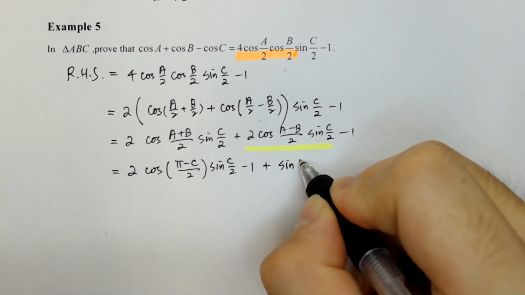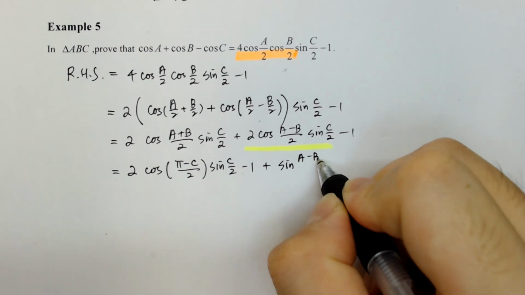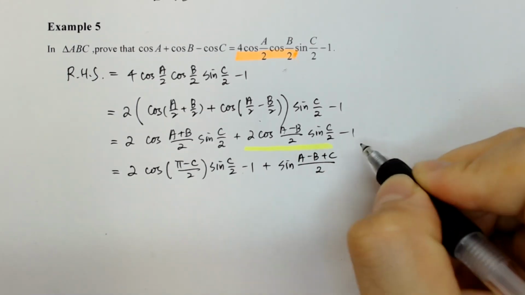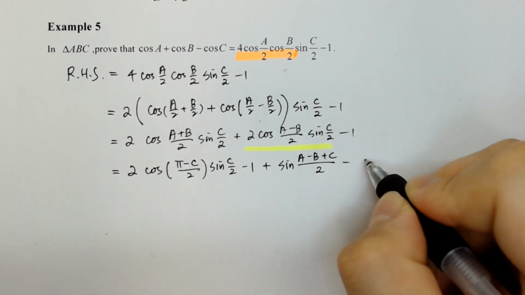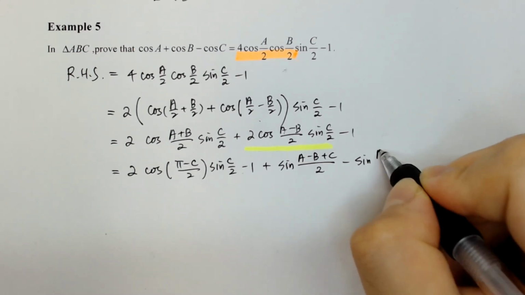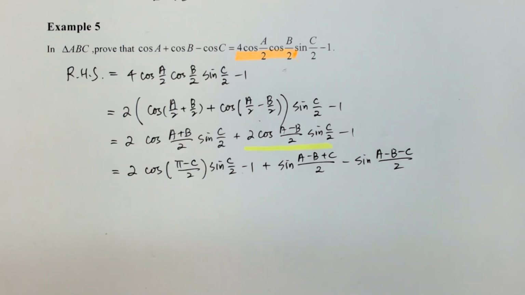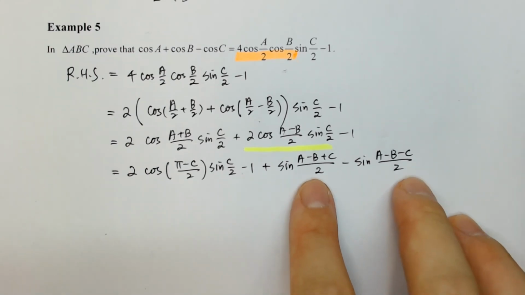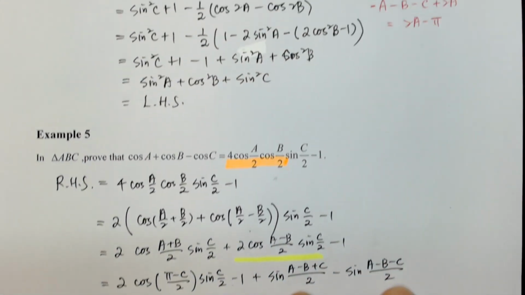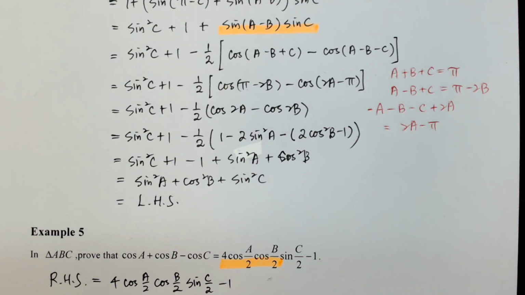That is sine of (A minus B plus C) over 2 minus sine of (A minus B minus C) over 2. Then it's something very familiar. Do you still remember on the above example, we have exactly these two angles, A minus B plus C and A minus B minus C?